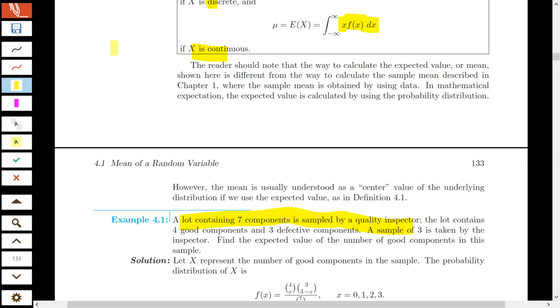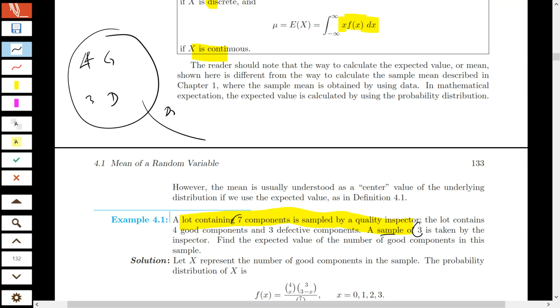So let's say there is this lot or box, and in that box I have 4 good components, G for good, and 3 bad components or defective, D for defective. And in total I have 7 components, right? And what does the inspector do? He draws a sample of 3. So you are just drawing a sample. Draw 3 components at random, right?